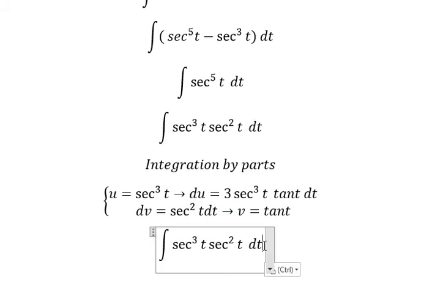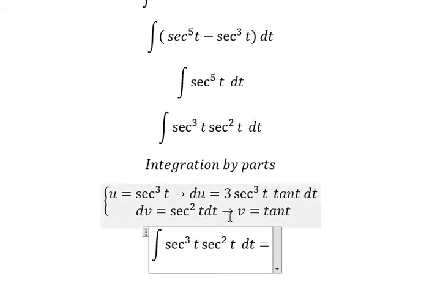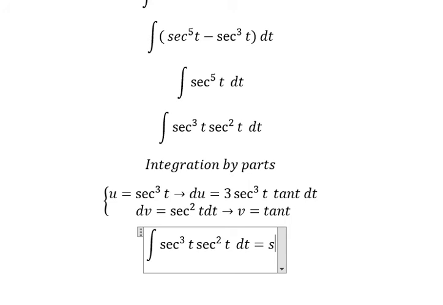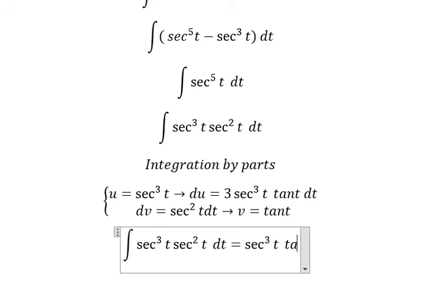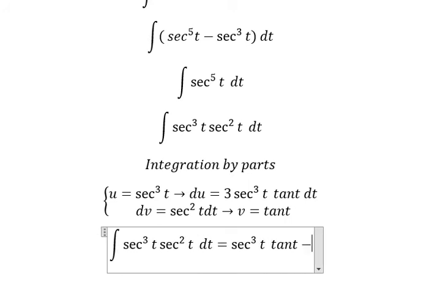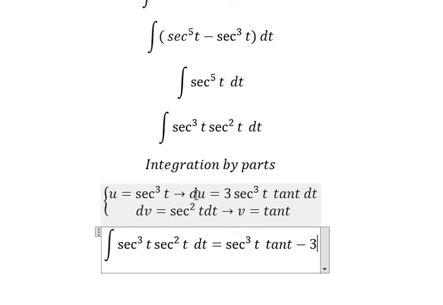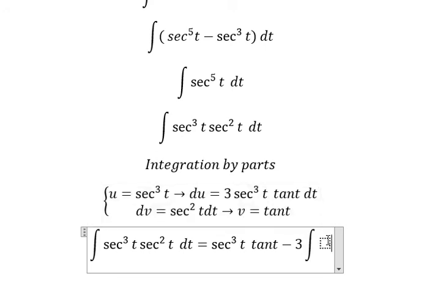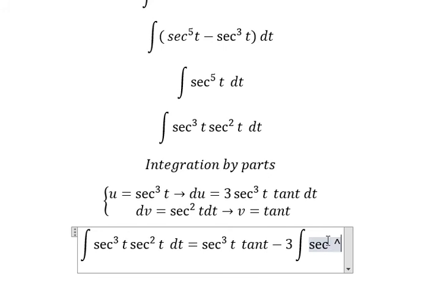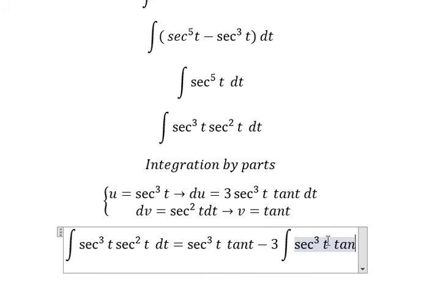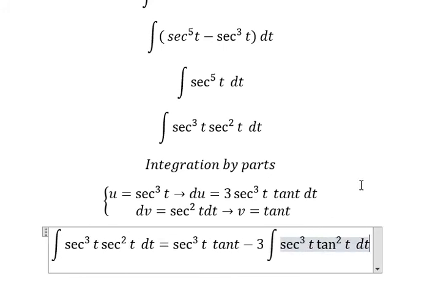So we have u multiplied by v. So you get secant of t to the power of 3 multiplied by tan t minus 3. So we have u multiplied by v, and we have the integration of secant of t to the power of 3 multiplied by tan t squared dt.